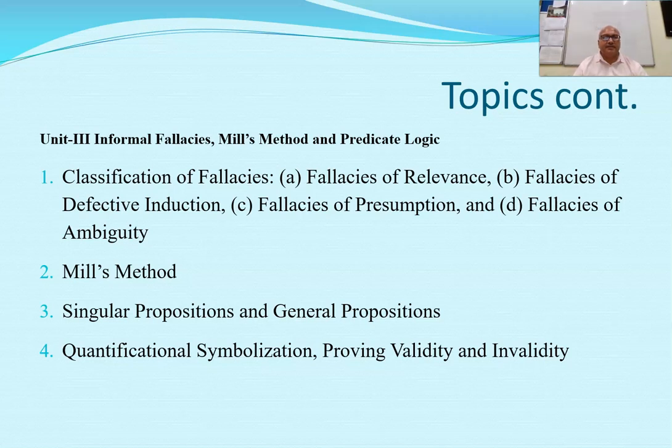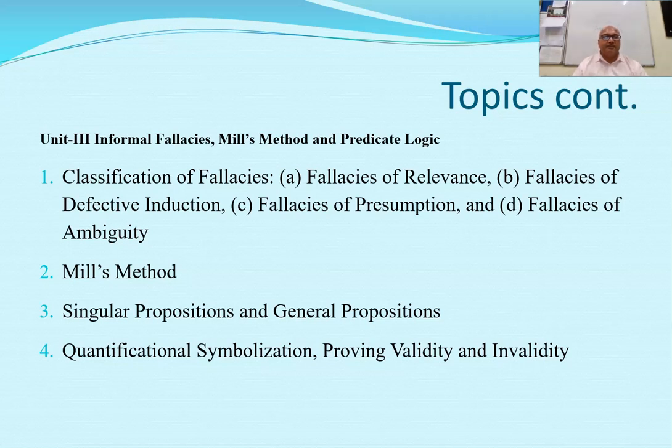So under the title classification of fallacies, we will understand different problems associated with the arguments which are of informal kind. Then we will move on to understand the very principle behind our understanding of cause and effect relationship, how we arrive at the understanding of cause and effect relationship.